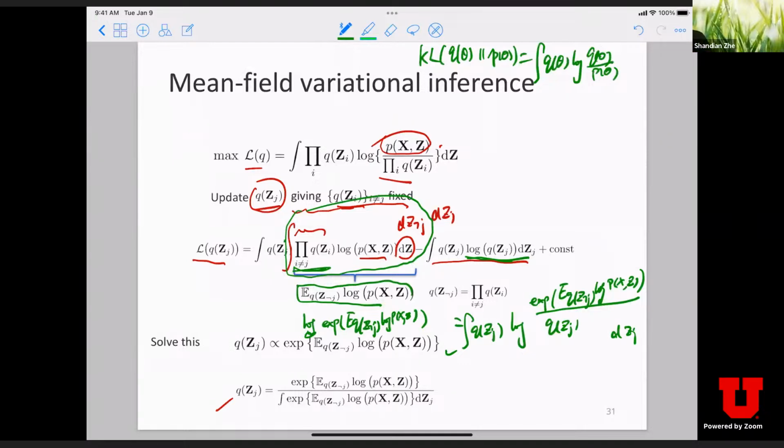We know that the KL divergence is minimal, equal to 0, when Q theta is exactly the same as P theta. In all other cases, it will be positive. So if we can somehow convert it into some KL divergence, but here it would be negative because you have to put Q(Z_j) in the numerator, let me make a little change. If you take the minus sign from it, we're going to switch the numerator and denominator.